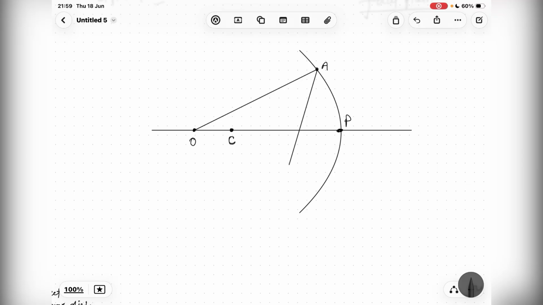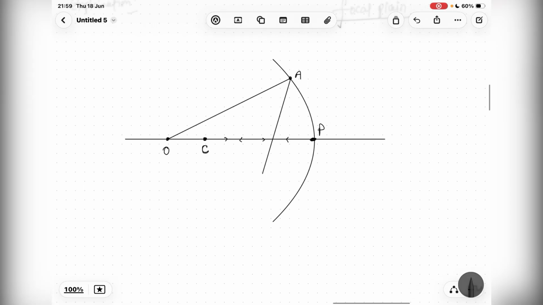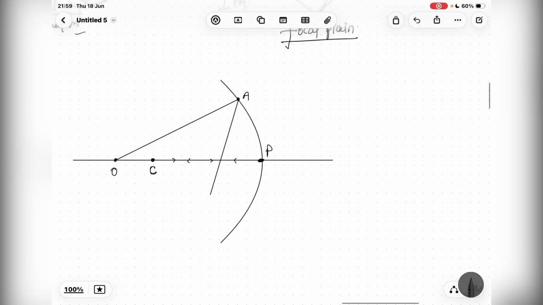A second ray is given along the principal axis, something like this. And since any ray shot at the pole of a mirror is perpendicular to the surface of the mirror, this ray will get diverged back and trace its original path.